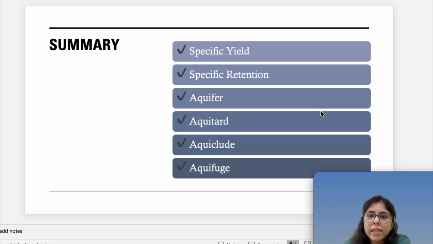Now, in this lecture, we studied what specific yield and specific retention are. We know aquifer, aquitard, aquiclude, aquifuge. Now, I guess you guys have fully understood the topics that we discussed today.